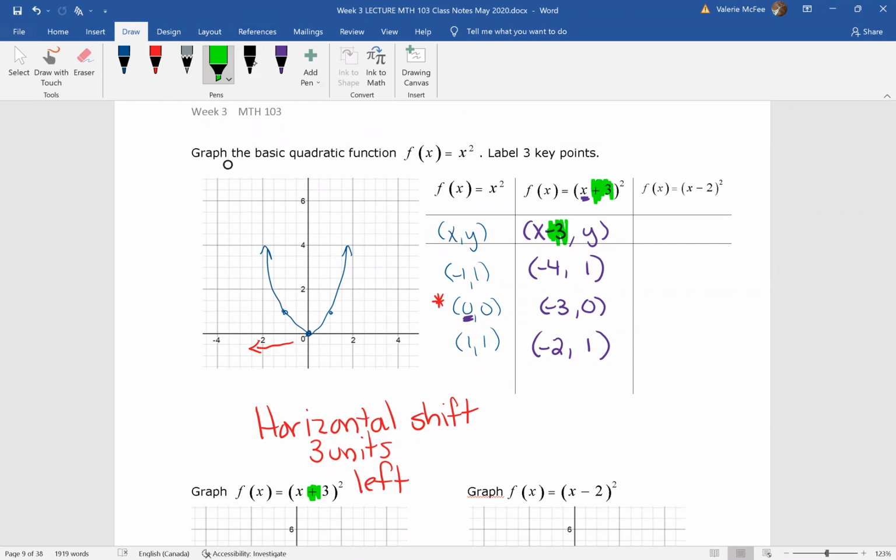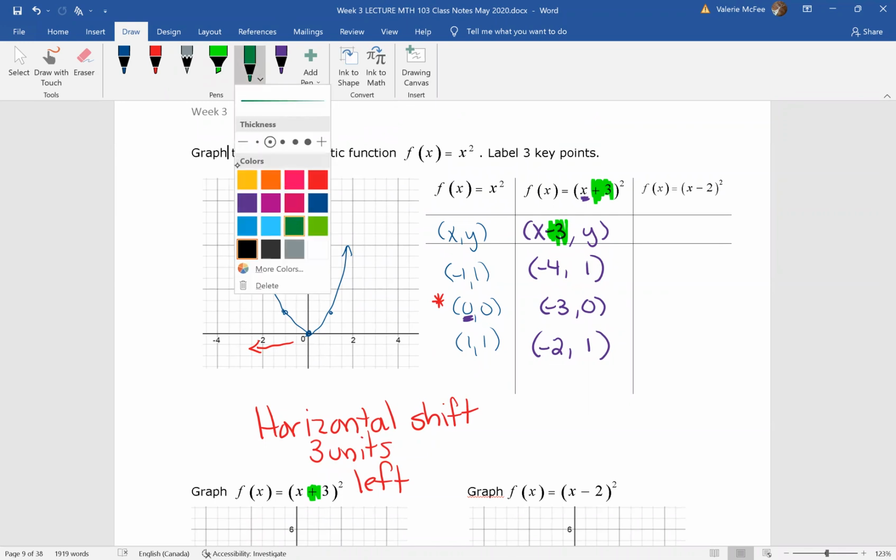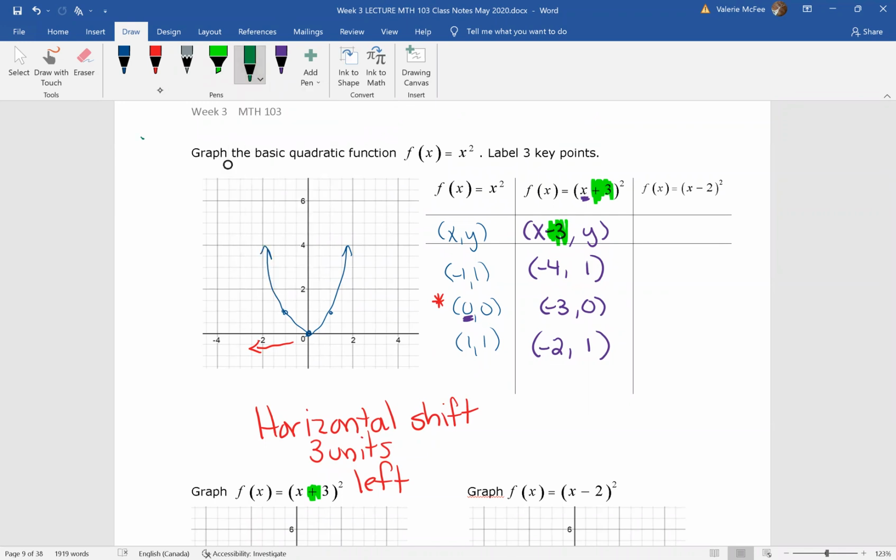Let's look at the next example. We see we have a -2 inside the brackets with x. We're changing x. What do you think we're going to do? Yes, it's going to be the opposite, x +2, and y stays the same. Let's check over here again with our vertex.